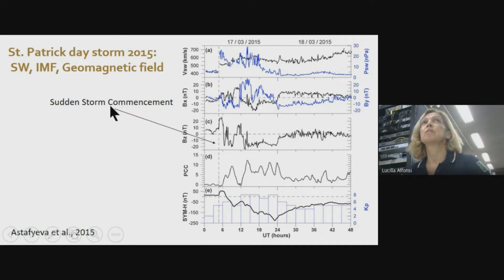In this first description of the stack plot, we can see the time in which we have the sudden storm commencement, that maybe you remember from the description that Claudio gave the very first day.